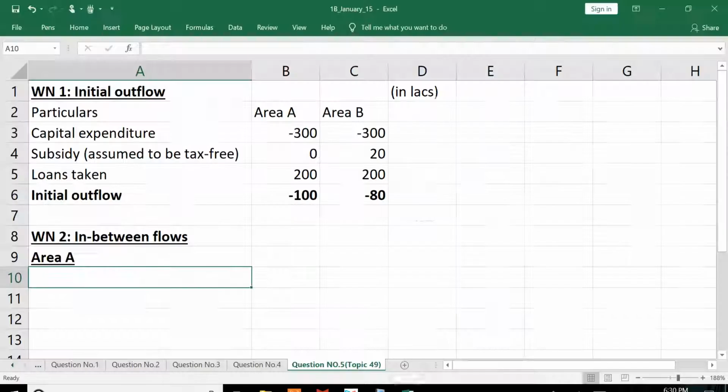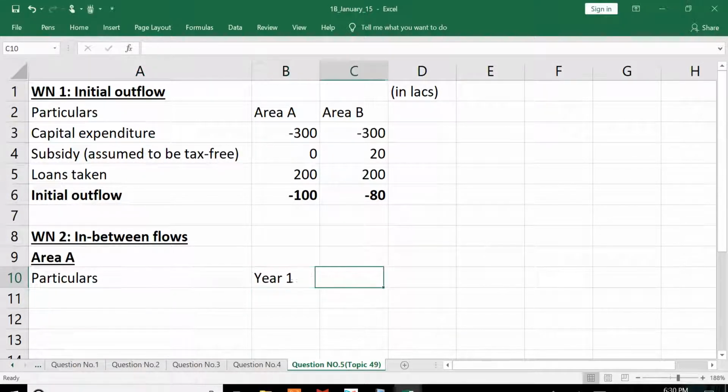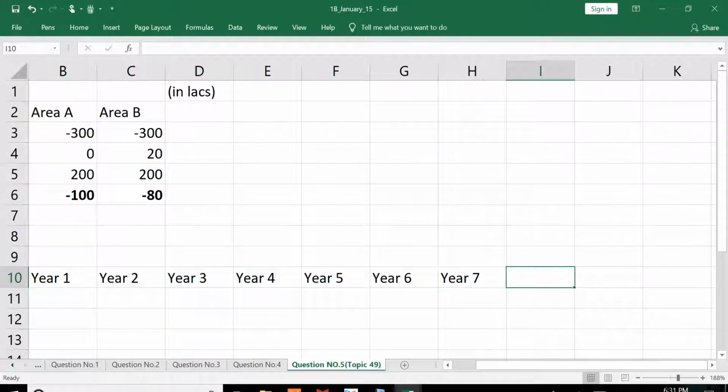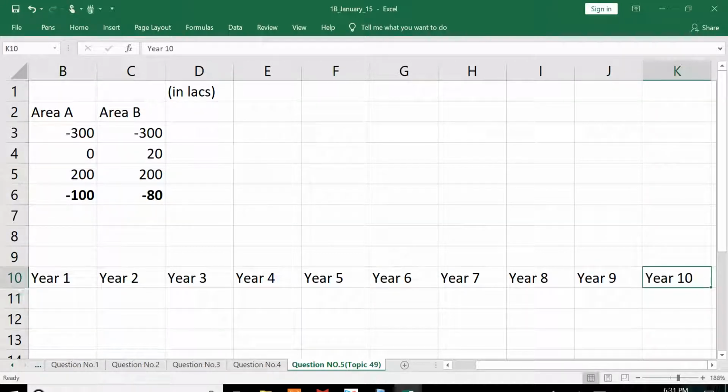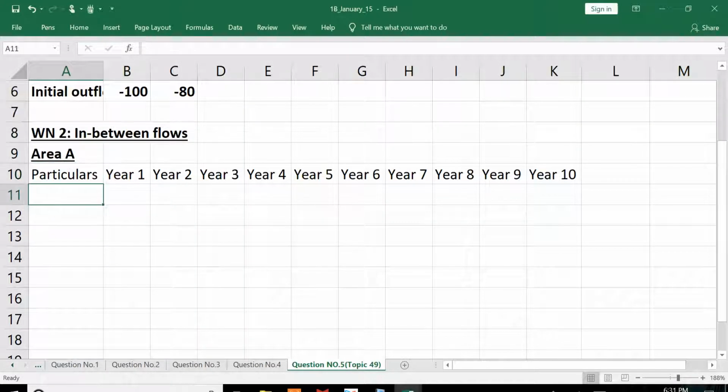They have given different figures for all the years.